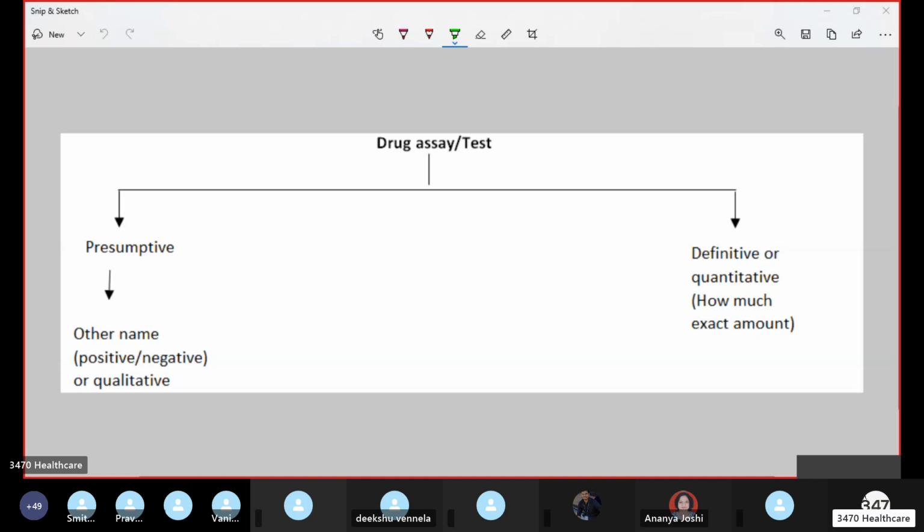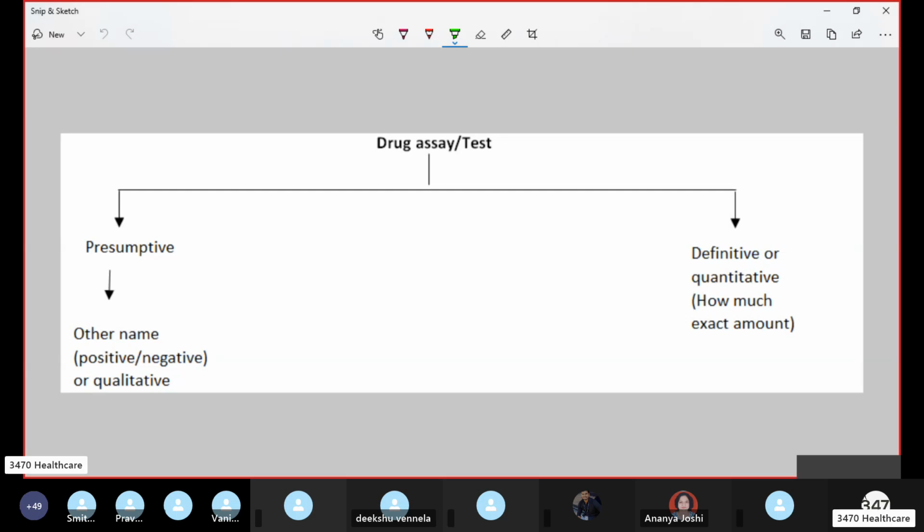Okay, so when coming to drug testing, you have to check whether it is presumptive or definitive. Presumptive means you need to check the presence or absence, positive or negative, inside the sample, what is present. Once you check, how much volume, the exact level present, that is for the definitive.